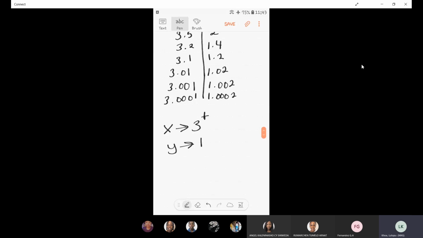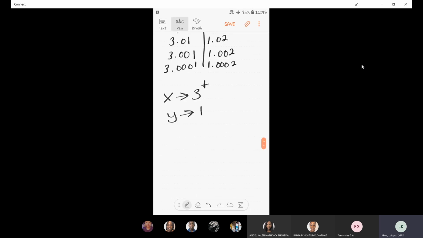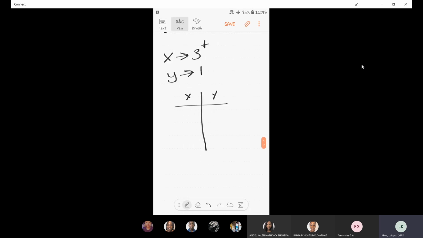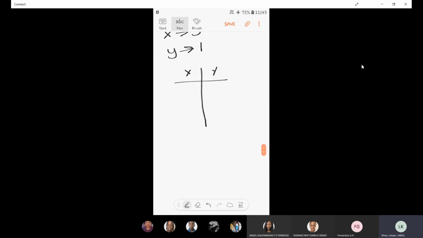Now it's good to also check from the left hand side what is happening when we are approaching 3 from the negative side. That means we start with numbers that are less than 3. So again, you can draw a table. You have your x values, you have your y values. Let's say I substitute 2, the value will be minus 1.